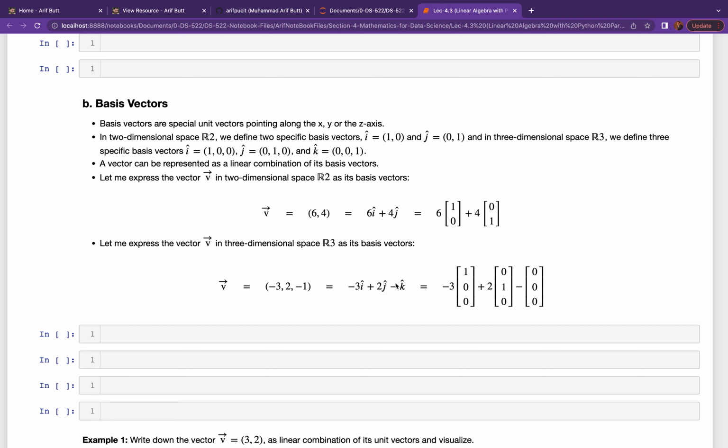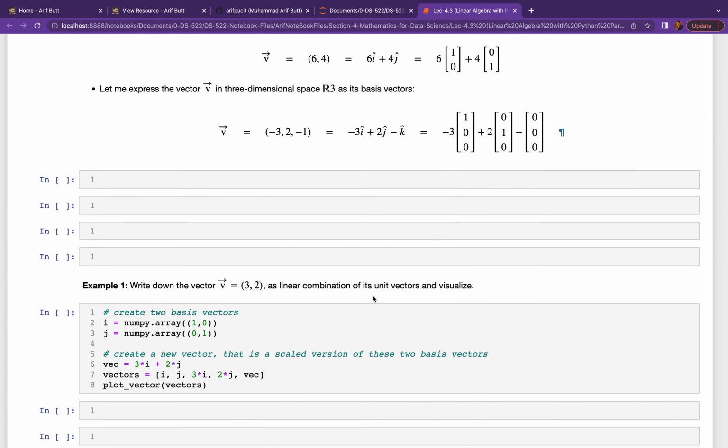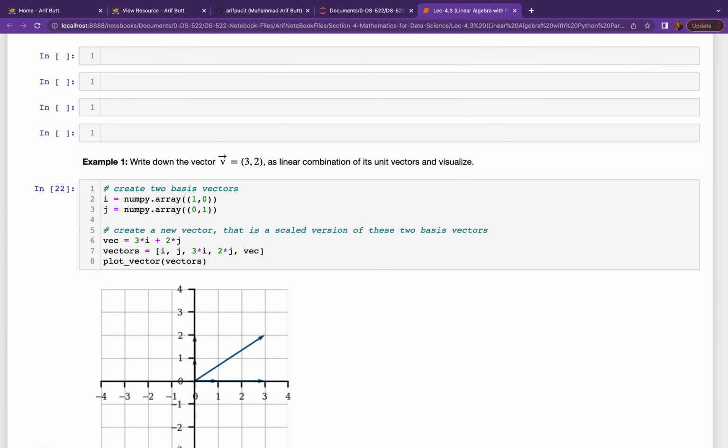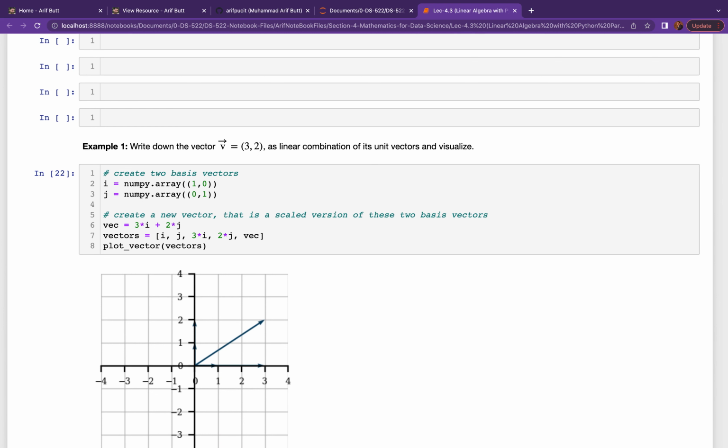And similarly, we have i, j, and k in the case of three-dimensional space. And of course, a vector can be represented as a linear combination of these basis vectors. Let me visualize this using this Python code.